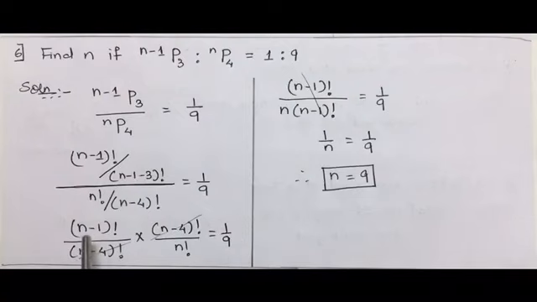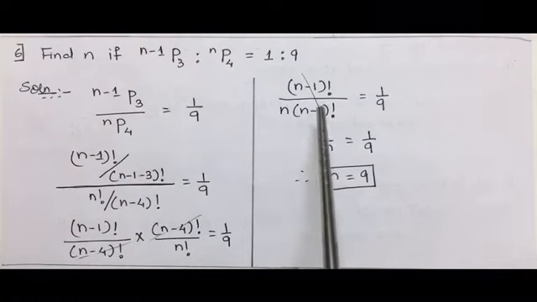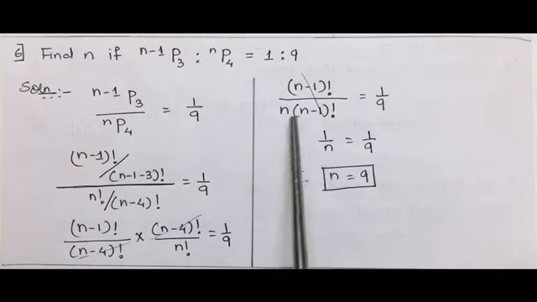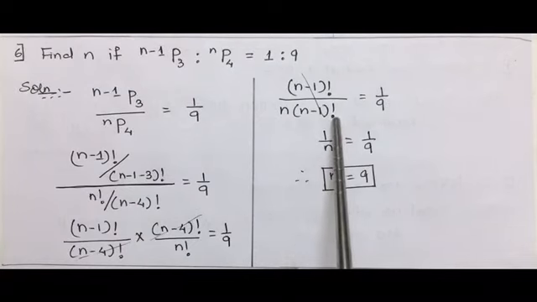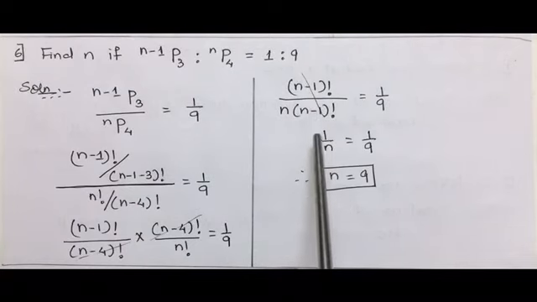Now n factorial is more than n minus 1 factorial. Therefore n factorial is expressed as n into n minus 1 factorial, so that the factorials can be cancelled easily.